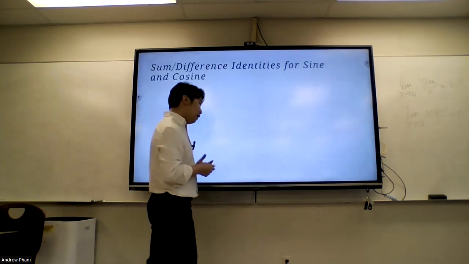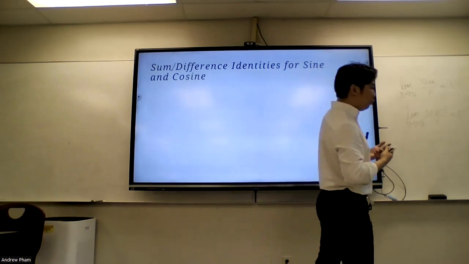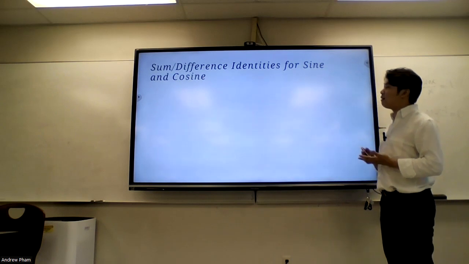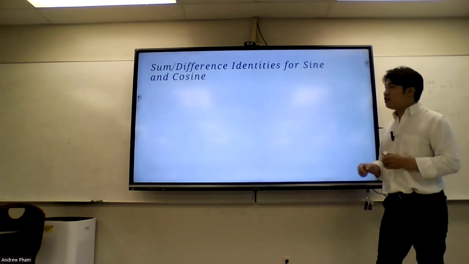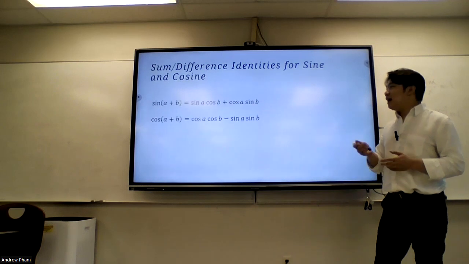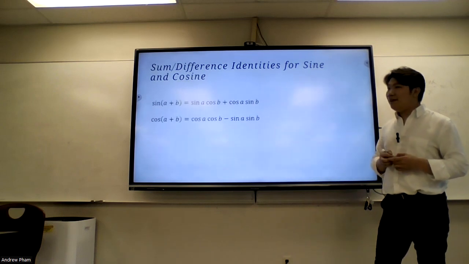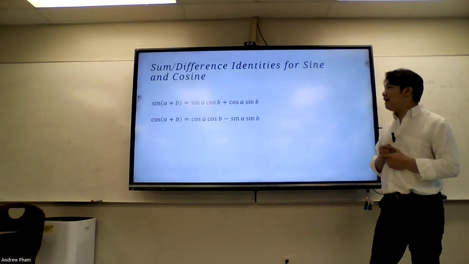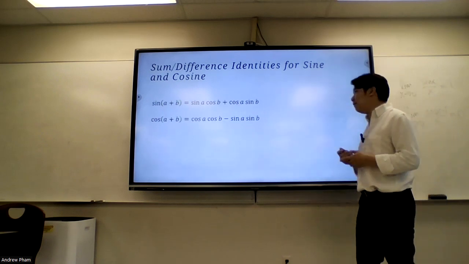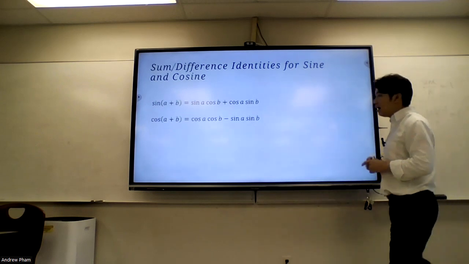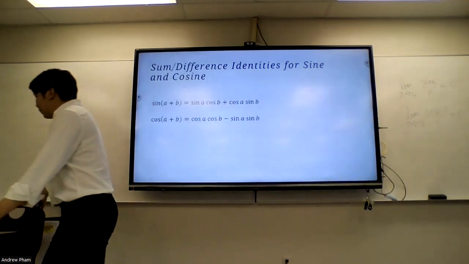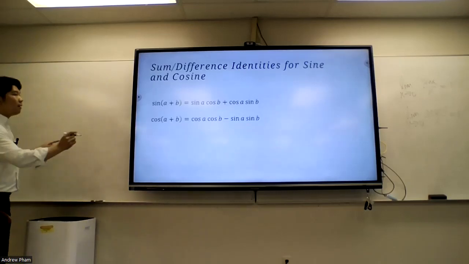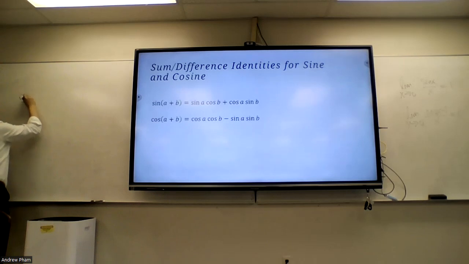The reason I wanted to do that is I wanted to reintroduce this old theorem or identity from trigonometry called the sum and difference identities for sine and cosine, which tells me, first off, if I want sine of a plus b, 2 numbers or 2 angles, this is equal to sine of a cosine of b plus cosine of a sine of b. And the same thing for cosine, we have something very similar. So just like before, I'm going to write this down on the board for reference so that I have it for later.